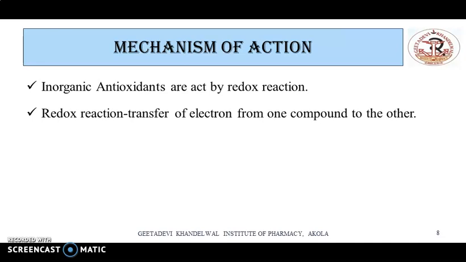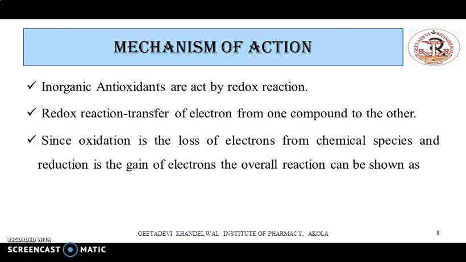In a redox reaction, there is a transfer of electrons from one compound to another. Since oxidation is the loss of electrons from a chemical species and reduction is the gain of electrons, the overall reaction can be shown like this. Here, the loss of electrons causes oxidation, and when the electron is gained by a substance, reduction takes place.